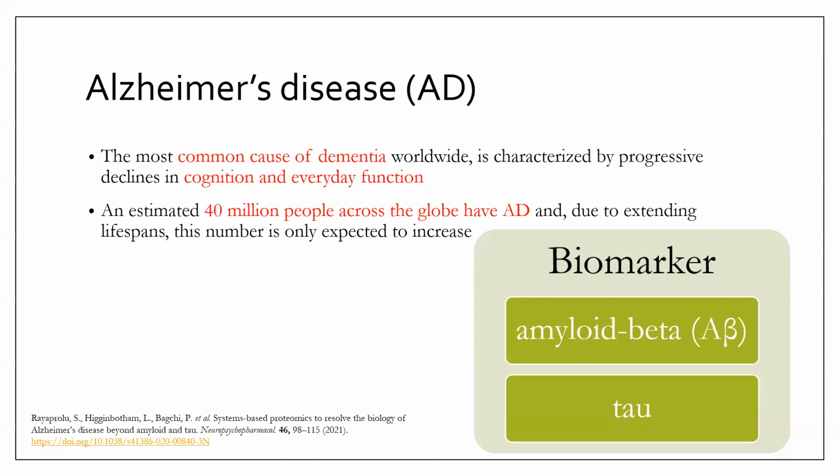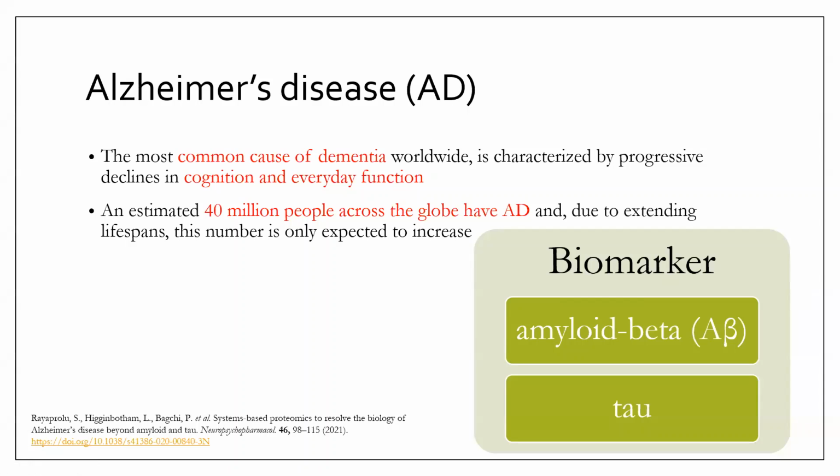Normally 40 million people across the globe have Alzheimer's disease, and with the expansion in lifespan, it is expected to increase. There are two protein biomarkers related to Alzheimer's disease.